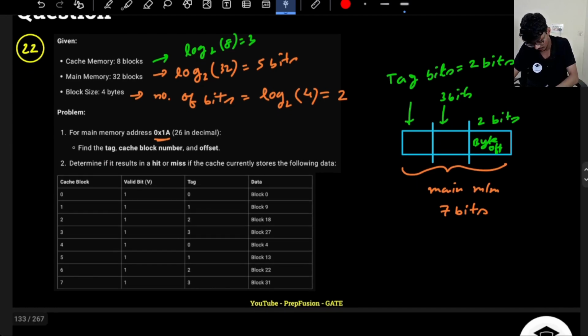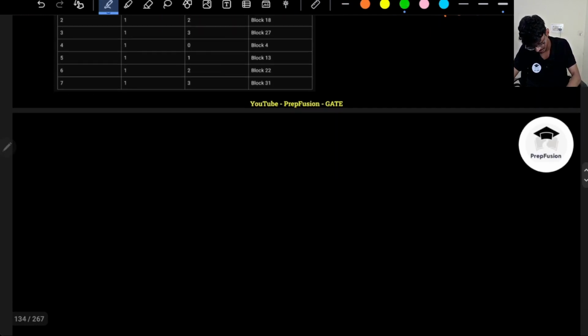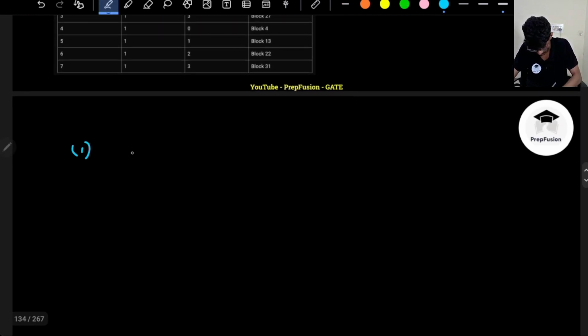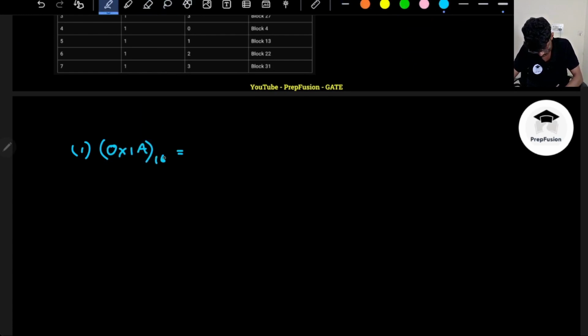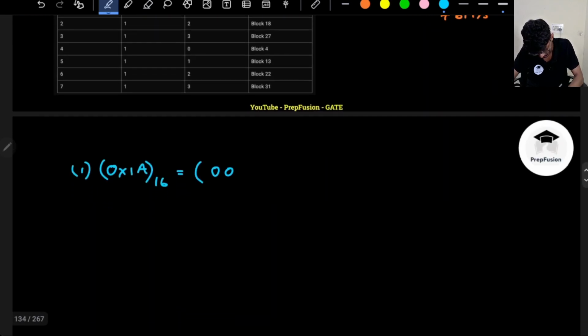So let's break it down. Let's solve the first question, 0x1a. If I break it down into binary, main memory is only of 7 bits, so I will convert this into 7 bits.